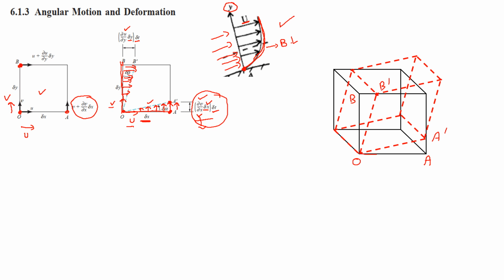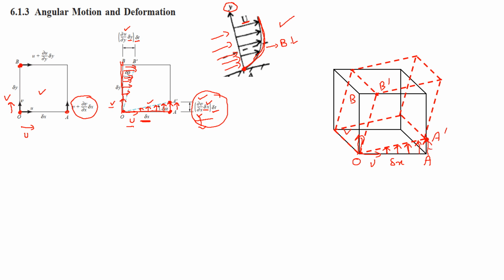This is our u velocity vector, this is our v velocity vector, and this edge OA that has a length of delta x attains a new position OA dash because of this velocity vector v, as it forms a gradient with this edge delta x.